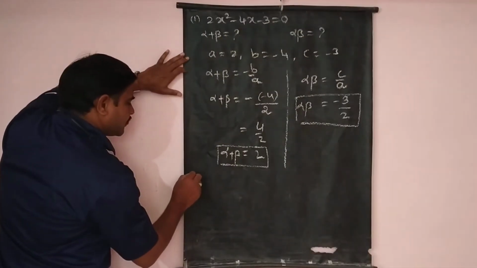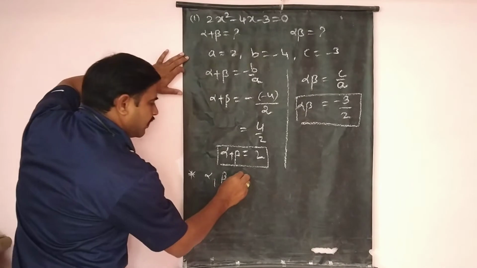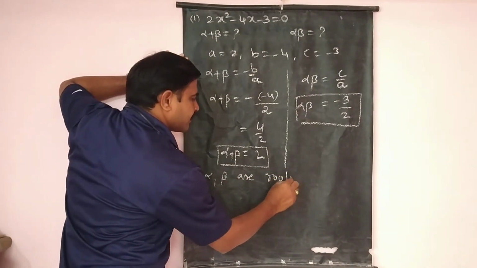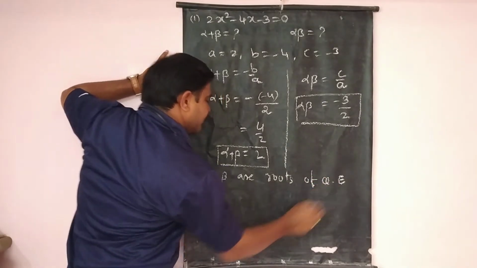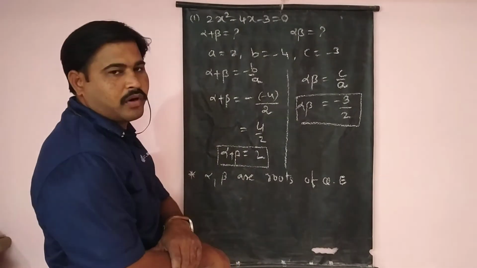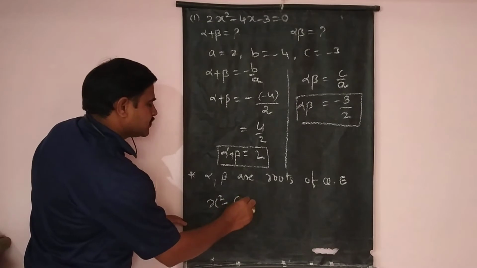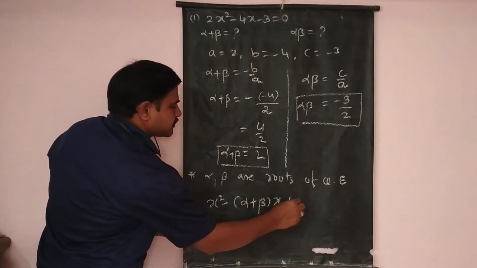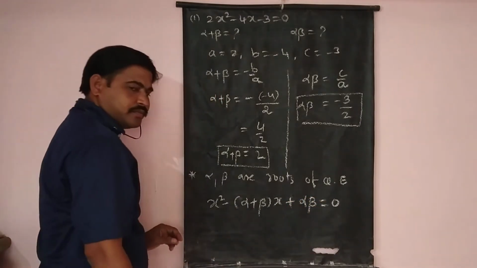Alpha, beta are the roots. One important formula: when alpha, beta are roots of a quadratic equation, the equation form is x square minus sum of the roots, alpha plus beta, into x, plus product of the roots, alpha into beta, is equal to 0.